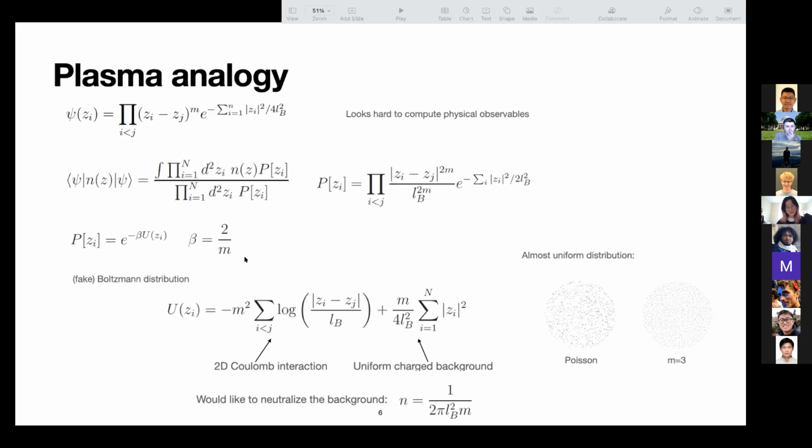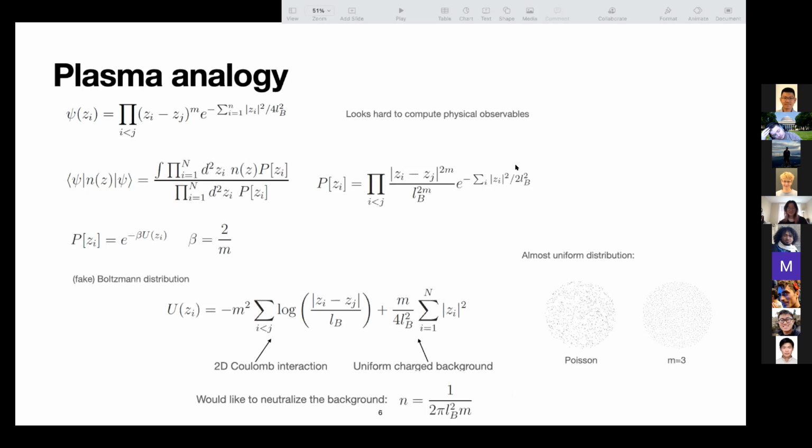Yeah, the density is almost uniform. But isn't that weird, since psi is only supported on a compact region? I guess it's just surprising. I agree, that's very counterintuitive. But if you think of it in this plasma way, it also seems a natural conclusion.